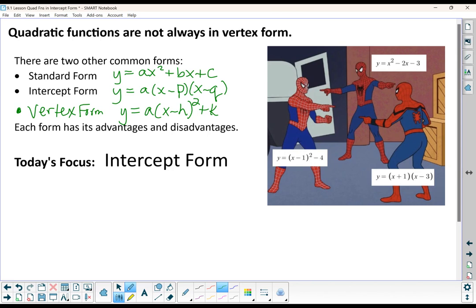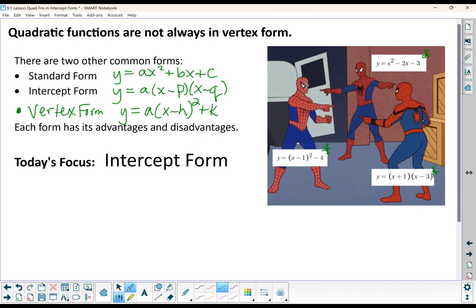Of course, x and y also show up in all of these equations, but the a value is the same for all different forms. So if you have 1x squared minus 2x minus 3, the equivalent standard form will also have an a value of 1, and the equivalent vertex form will also have an a value of 1. Now, each of these forms has its advantages and disadvantages.